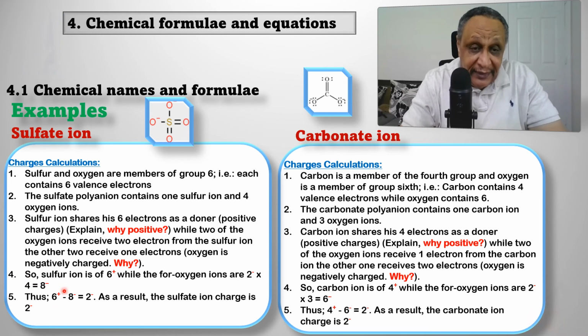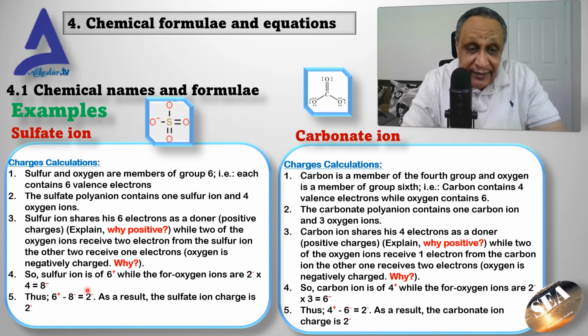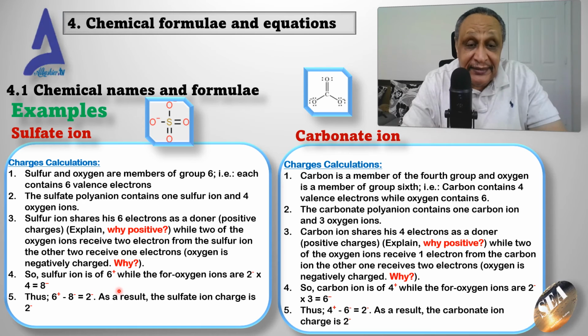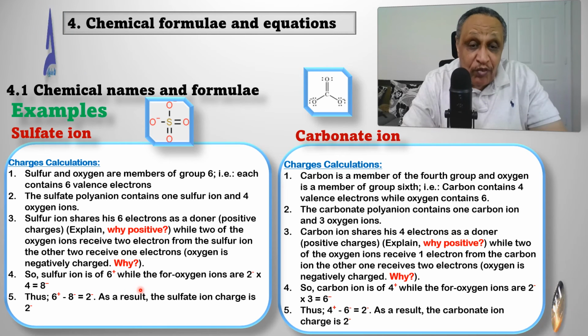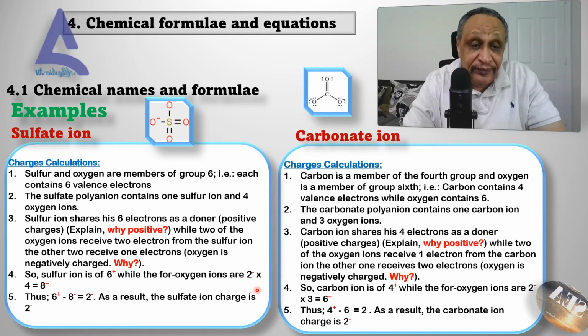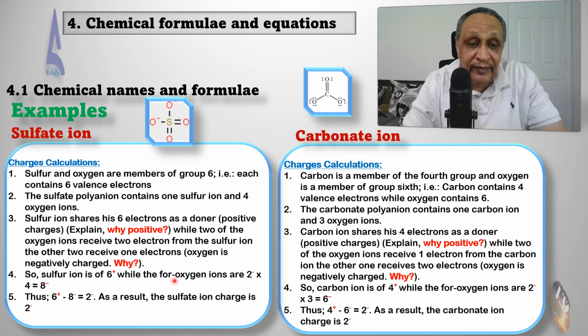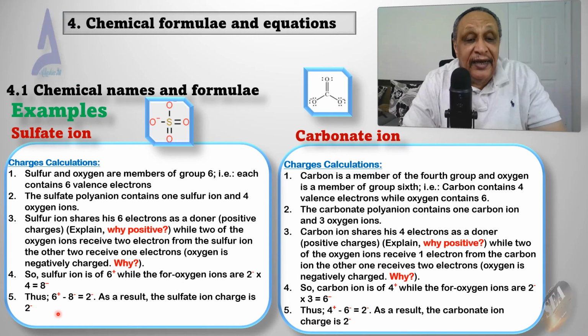So the sulfur ion is 6 positive, while the 4 oxygen ions are 2 multiplied by 4, so 6 plus minus 8 equals minus 2.